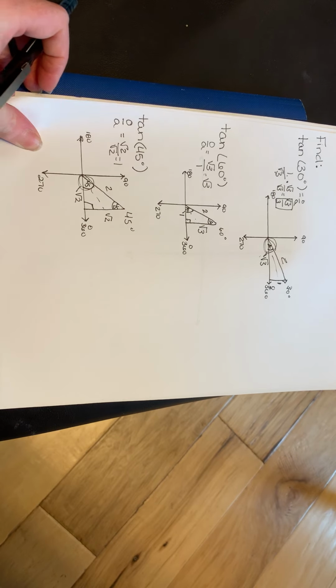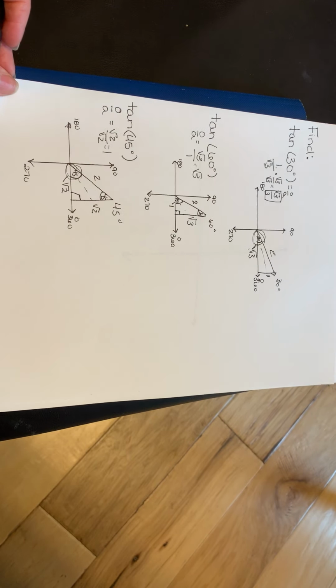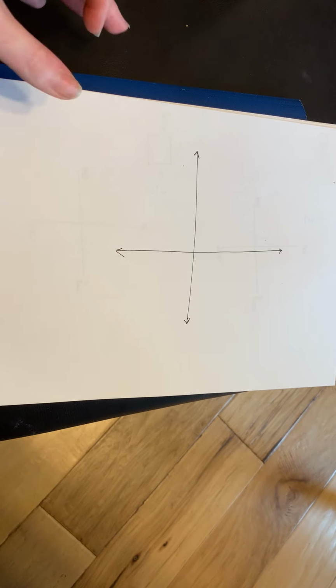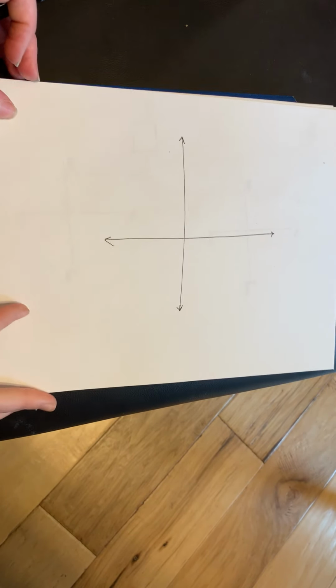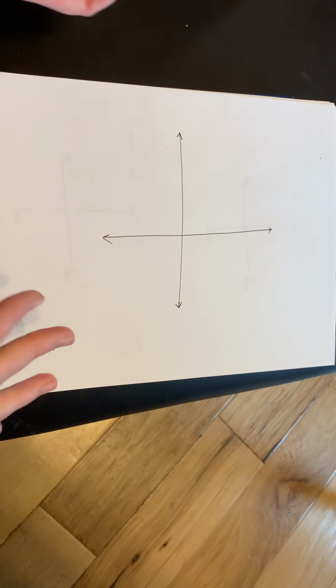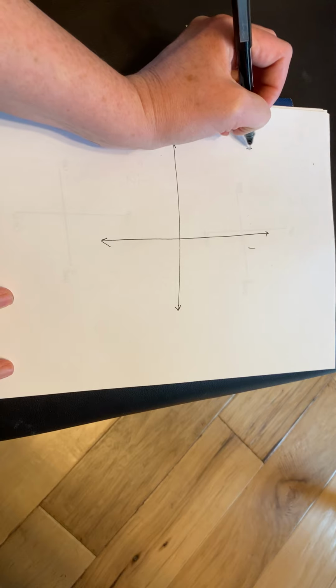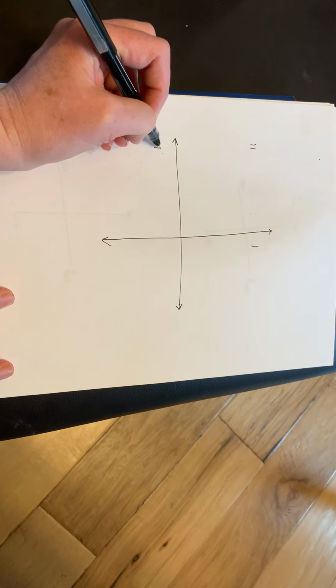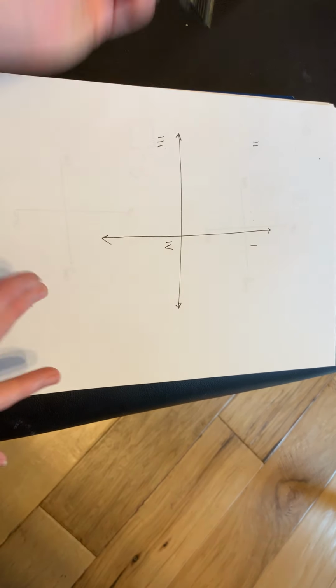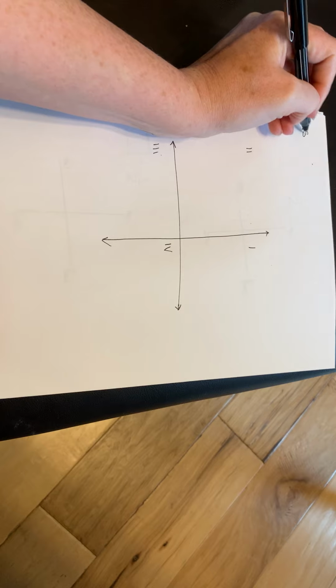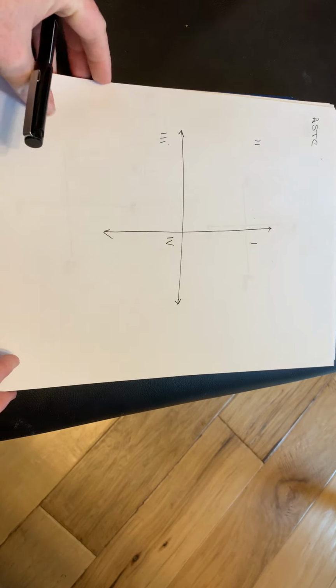Okay? Let's go ahead and look at our quadrants real quick. So we have a coordinate plane right here. This is going to be quadrant 1, 2, 3, and 4. Okay? If you remember in class, we talked about all students take calculus. Okay?